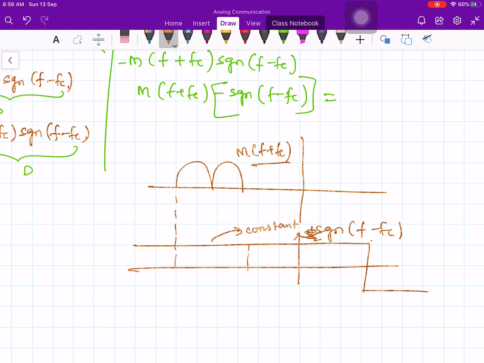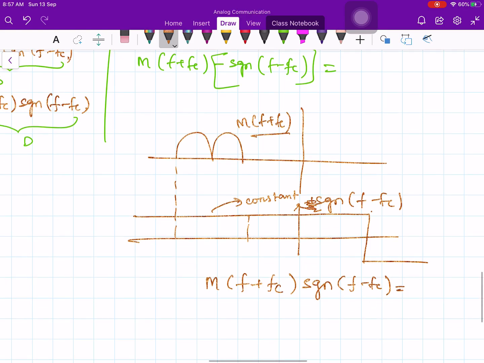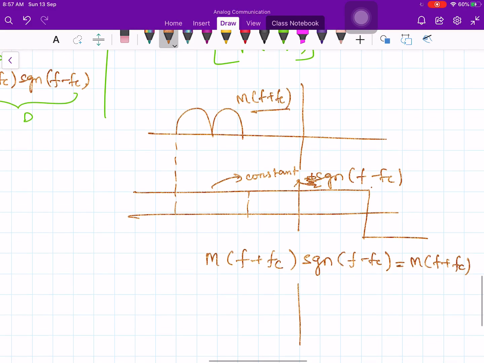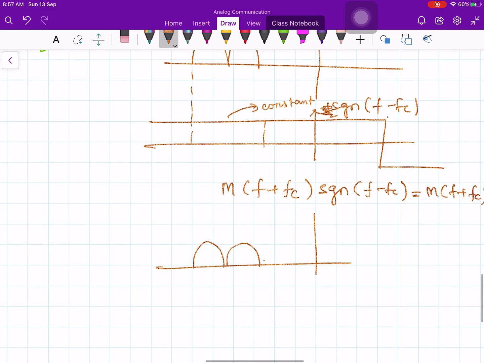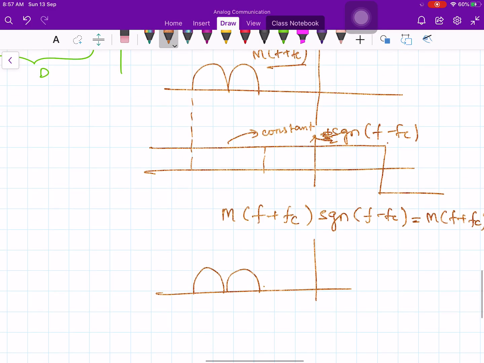Therefore, if you multiply these two, m of f plus fc times signum of f minus fc, this is equal to m of f plus same fc. You will get the same thing, no change. Convince yourself. After multiplication, again you will get the same m of f plus fc.